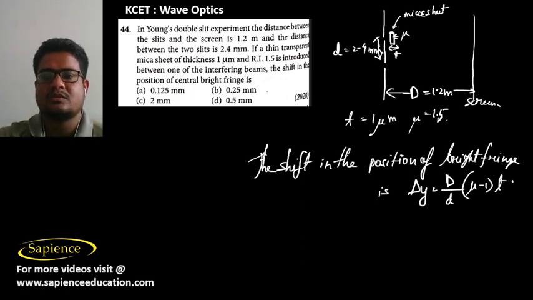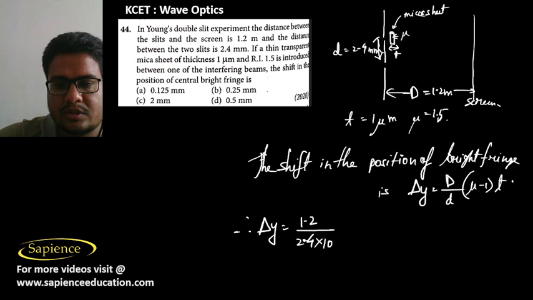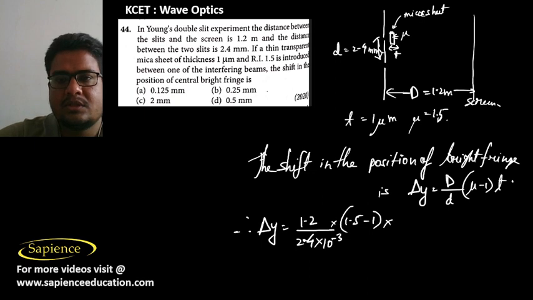Therefore, the shift will be equal to D, that is 1.2 meter, divided by d, that is 2.4 into 10 power minus 3 meter, into (1.5 minus 1) into thickness t, that is 1 micrometer, 10 power minus 6 meter. 1.2 over 2.4 is 0.5, which is 1 by 2, into 0.5 is 1 by 4 into 10 power minus 3.